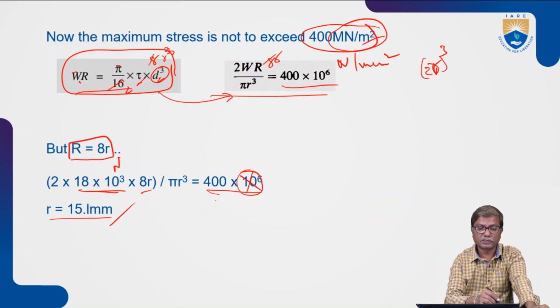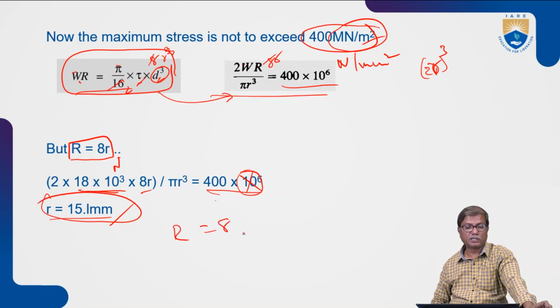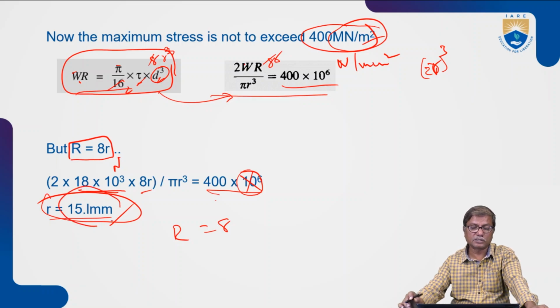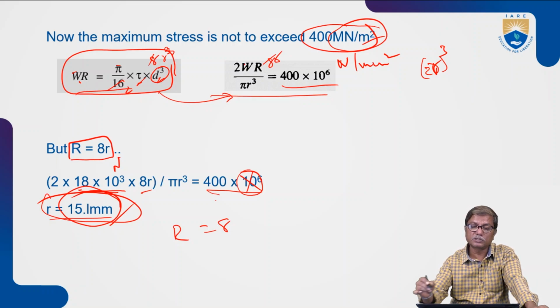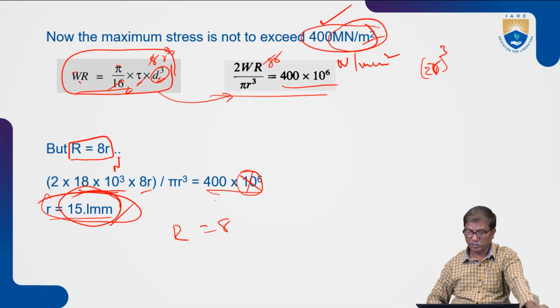So the small r means radius of wire, and capital R will be 8 times of that. Okay. So it is to be rounded off to the nearest, so that these conditions are not violated again. Okay. What are the conditions here?